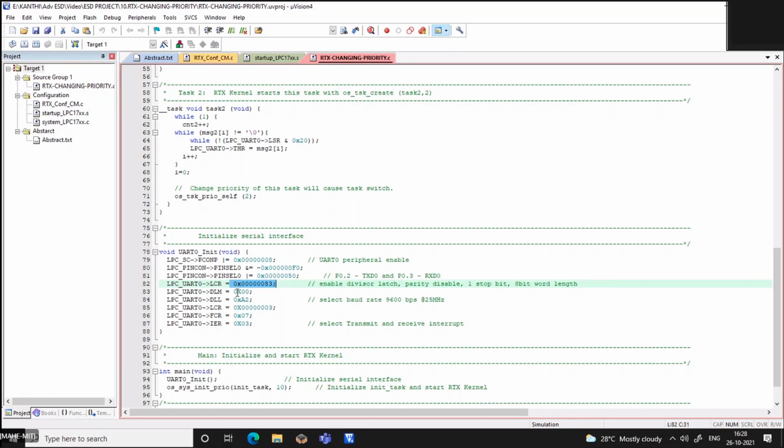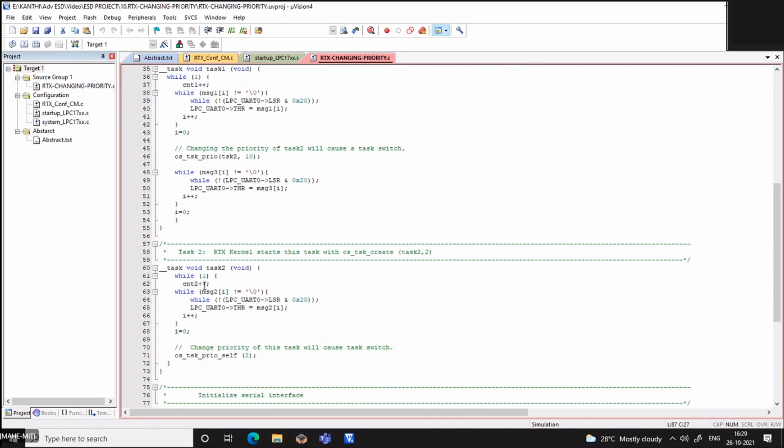Then you load the number in the DLL and DLM for the specific baud rate, then latch the baud rate, then the FIFO control register and enable the interrupts. So this is a standard function which we use for the UART. Fine. So yeah, that's it.